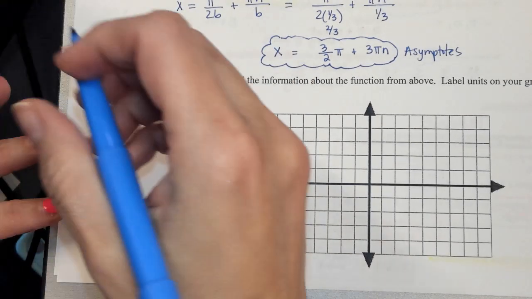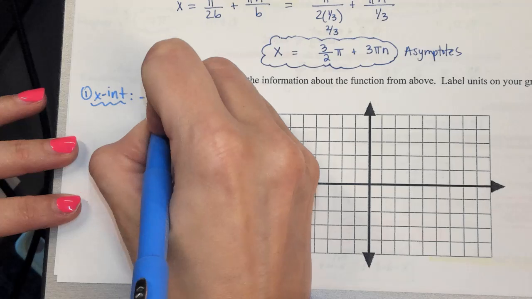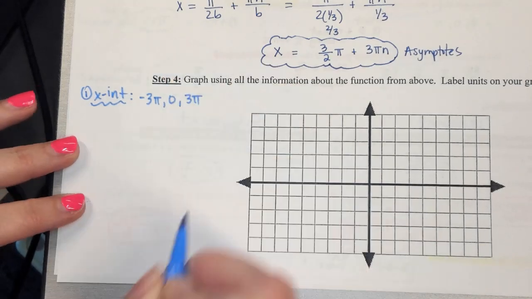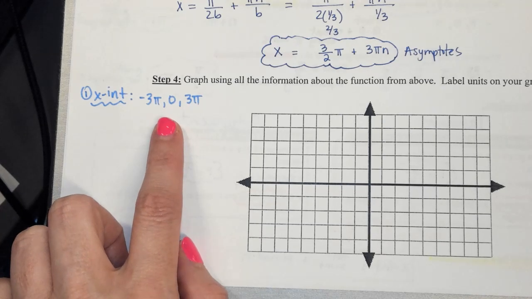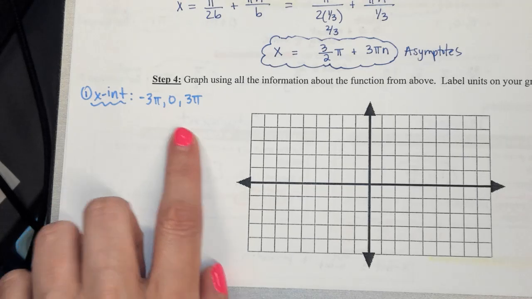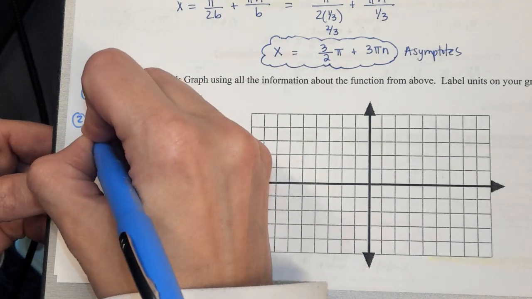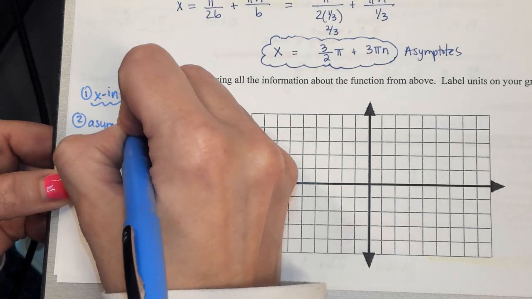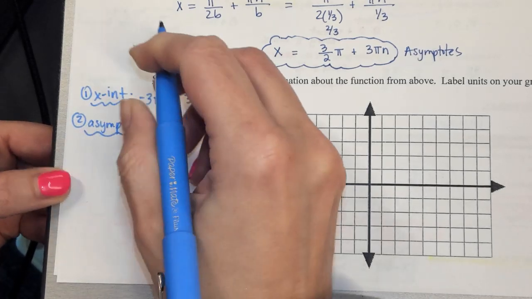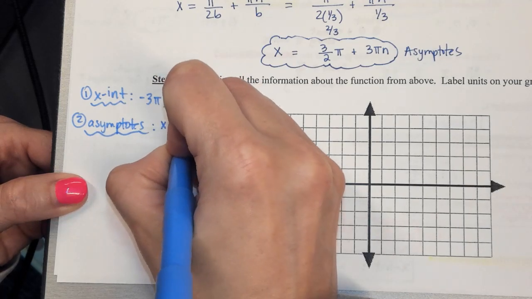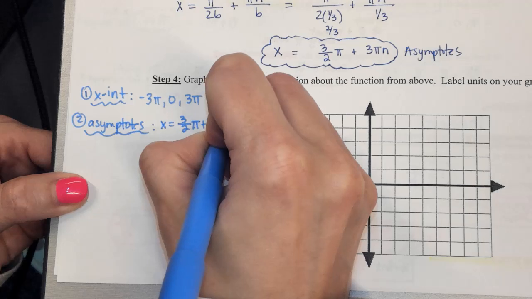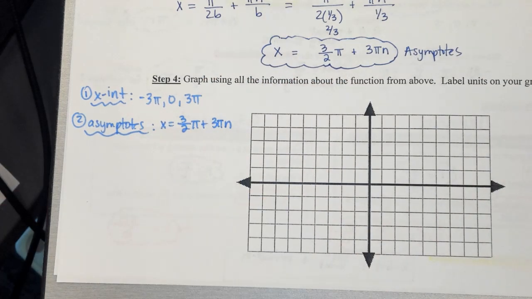When you're doing this, you're going to have it all kind of together. This is just spread out, so I want to talk about it. Because if you were just using your x-intercepts, you might think it's fine to use the scale of pi, and that would make some of the other points difficult. Okay, so with your asymptotes, we have to take those into account as well. And so your equation is x equals 3 pi over 2 plus 3 pi n. We are going to plug in values for n to find the actual asymptotes.